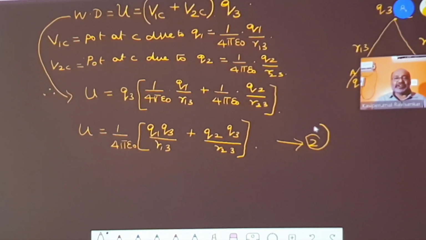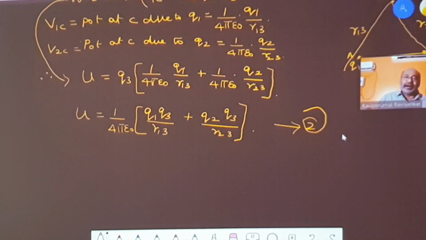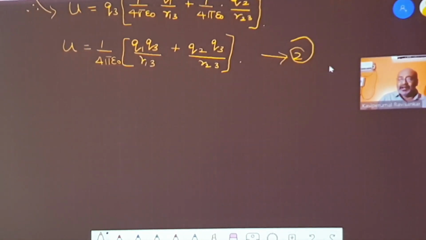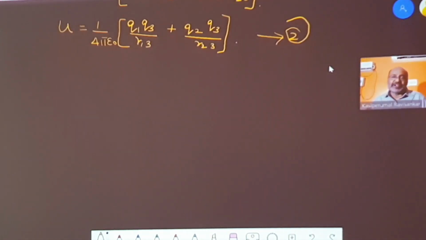So totally we have two work dones: one for moving Q2 and another one for moving Q3. Now the total potential energy can be obtained by adding these two equations.